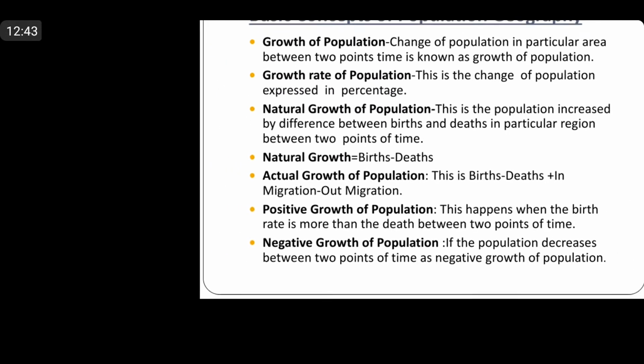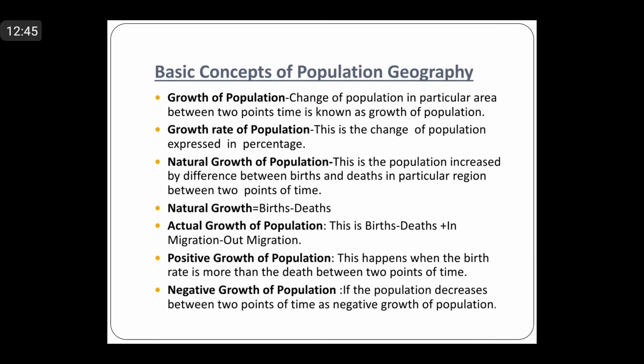This is the change of population expressed in percentage. And natural growth of population is the population increased by the difference between births and deaths in a particular region between 2 points of time.